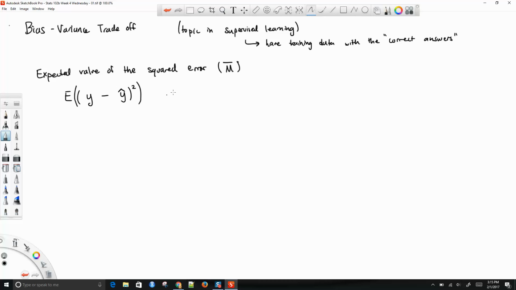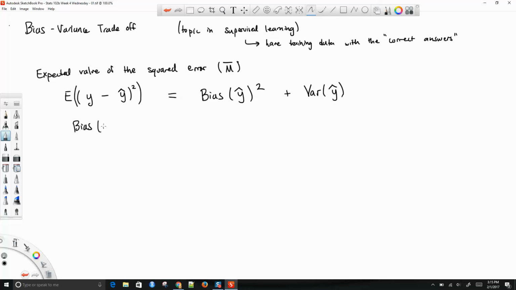into the bias squared plus the variance. I'm not going to bother trying to prove or derive this.